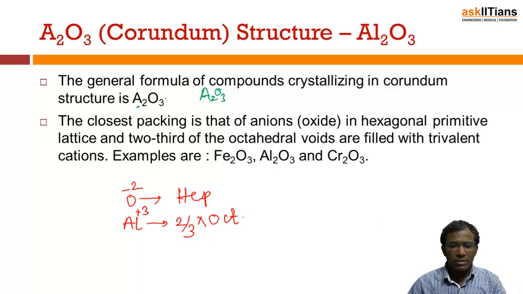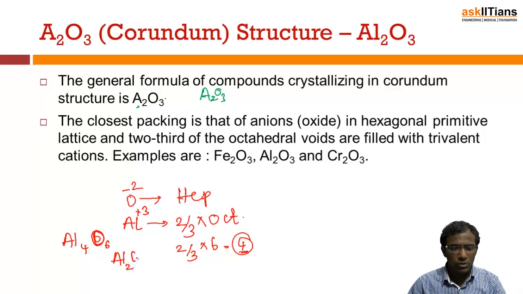We know that in HCP there will be 6 atoms, so the octahedral voids will be 6. So it will be 2/3 into 6, which comes to 4. So there will be 4 aluminum ions and 6 oxide ions. If you simplify, it becomes Al2O3. That is one of the examples of the corundum structure.